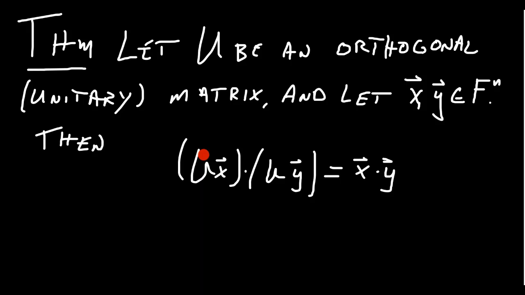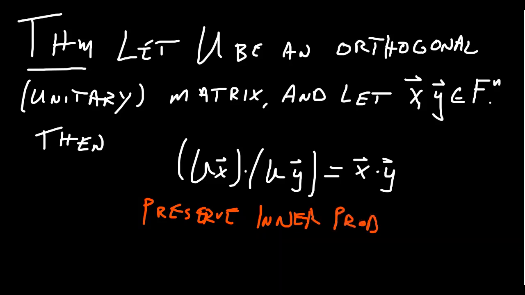Multiplying by a unitary or orthogonal matrix has the effect that, since it's linear, it'll preserve vector addition and scalar multiplication, but orthogonal and unitary matrices have the extra property that they preserve inner products. That is, the inner products before the map are the same as the inner product afterwards.